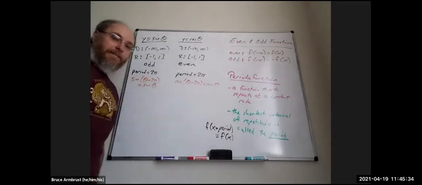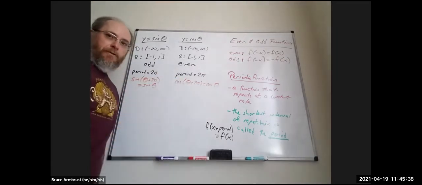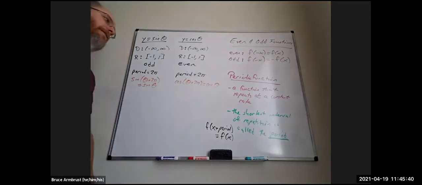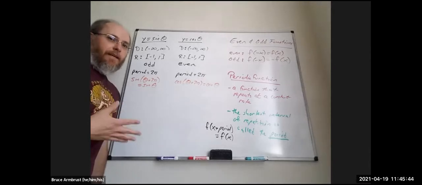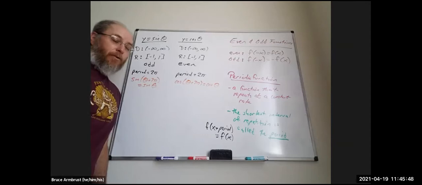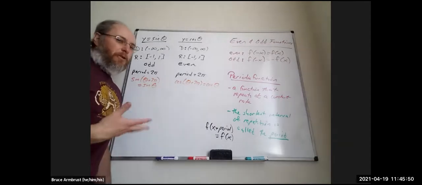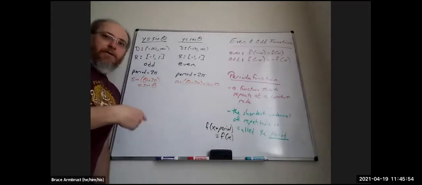In 2 pi, you're going to see the same thing again. So they just repeat over and over and over. Now you're going to see that not all trig functions have the same period. There are others that have a different period, but they all repeat, which should make sense because we're getting them from a circle and we're just spinning around the circle.